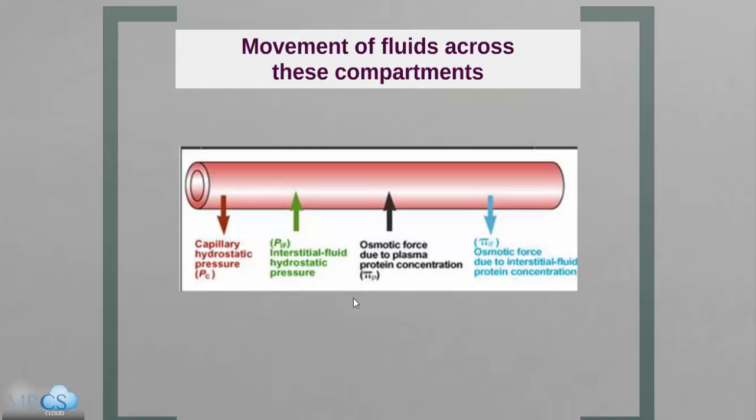The net result is that the force tending towards the capillary is greater on the venous side, while on the arterial side of the capillary the net force moves the fluid from the capillary to the interstitium.